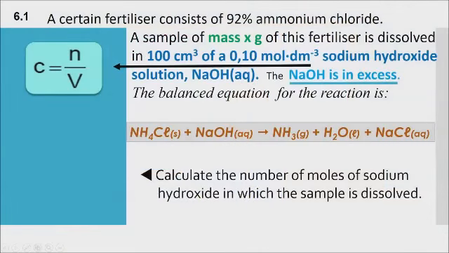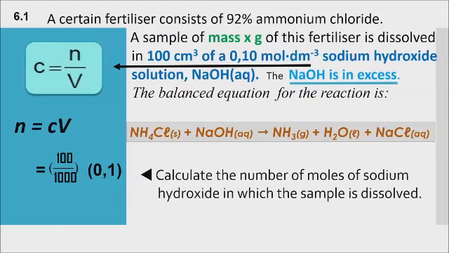Let's find out the original number of moles of sodium hydroxide I've got. So I'm going to use C times V for the sodium hydroxide. I just put the numbers in. I have 100 cubic centimeters, that's my volume of sodium hydroxide.